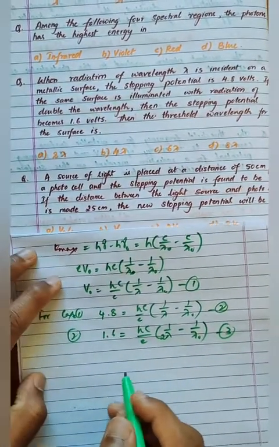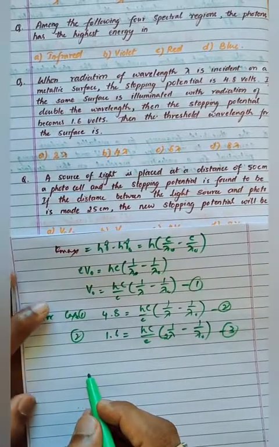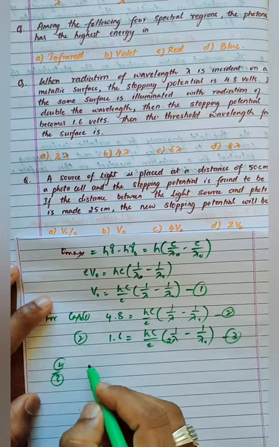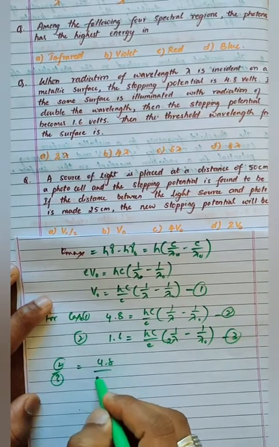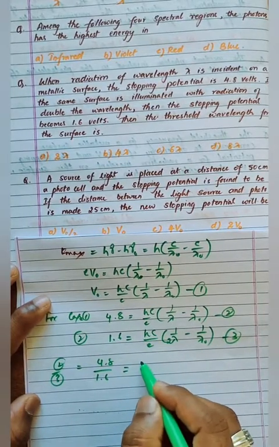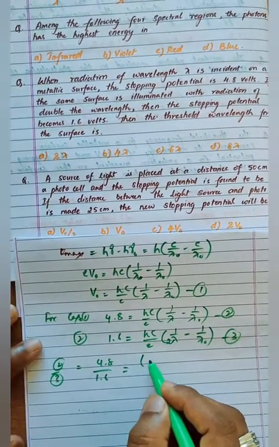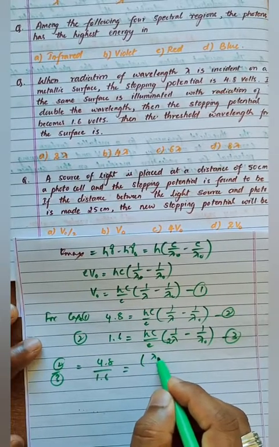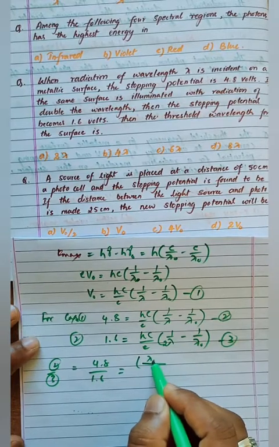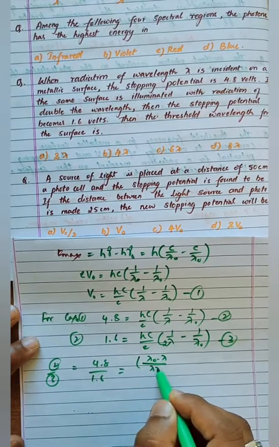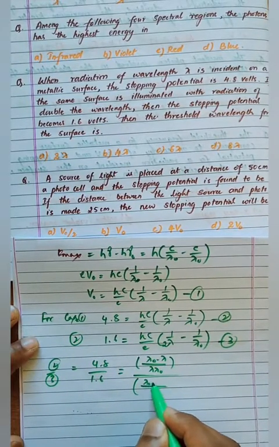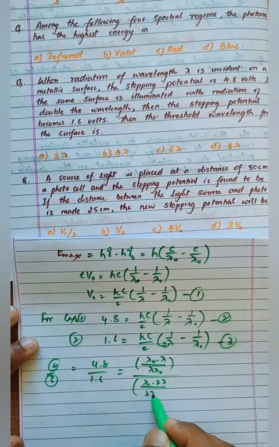Now do one thing, equation number 2 by 3. Here we go, 4.8 divided by 1.6, and hc by e gets cancelled. Then if we take the LCM, this will be (lambda naught minus lambda) into lambda naught divided by (lambda naught minus 2 lambda) into lambda naught.